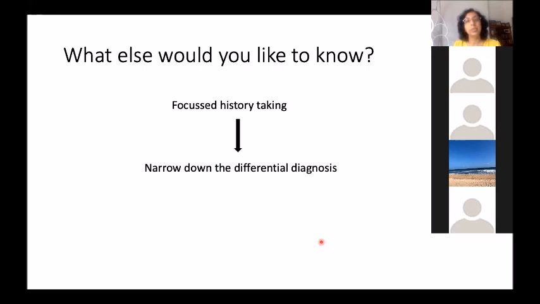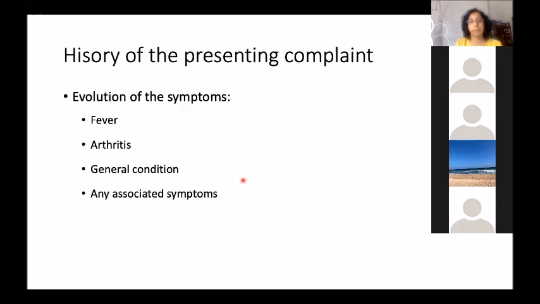And then you need to take a focused history to narrow down the differential diagnosis, considering each and every possibility you considered in the list of your differential diagnosis. Okay, so we already talked about this. You analyze the fever, arthritis, the general condition of the child, like what happened to her appetite, any associated symptoms like nausea, vomiting, abdominal pain, things like that.